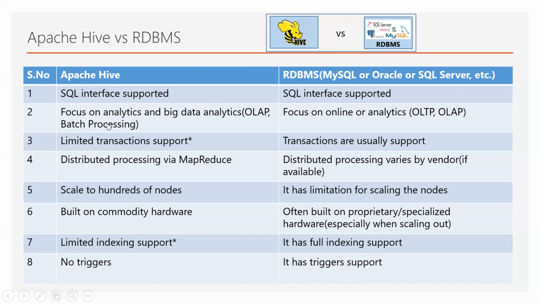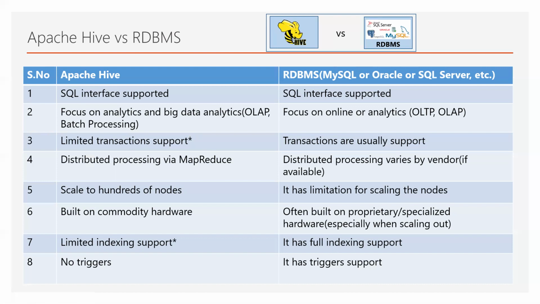But Hive is more of OLAP and ETL processing, and majorly it's batch and big data processing. It can handle petabytes of data. And it has limited transaction support. We cannot perform all the ACID properties on Hive.